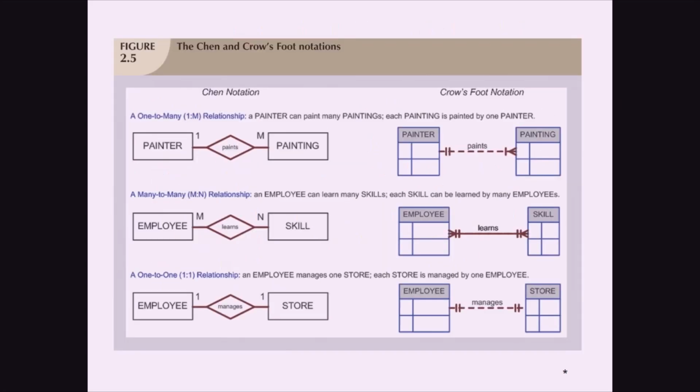So let's skip this one. Okay, there you go. On the left side is an example of the Chen notation, in which you can see a different architecture. And then on the right side, the Crow's Foot notation, which is almost the same thing but with a different setup.